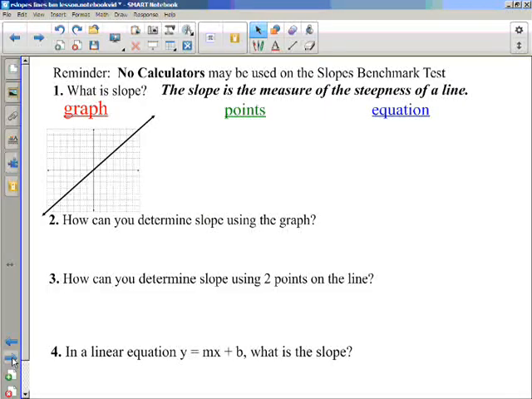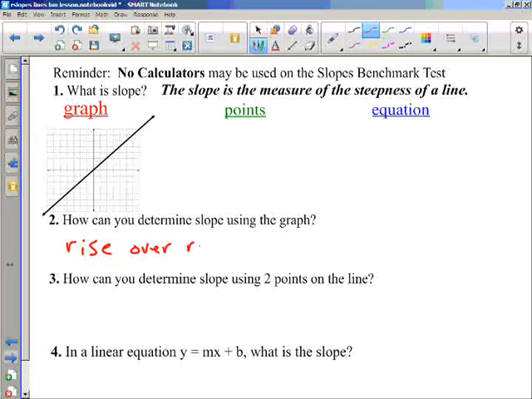So let's start with question 2 here. How can you determine slope using a graph? In this case, what we typically do is find the rise, divide it by the run. So we might pick a point that we think of as what's called a lattice point and go up and over until we hit the graph.